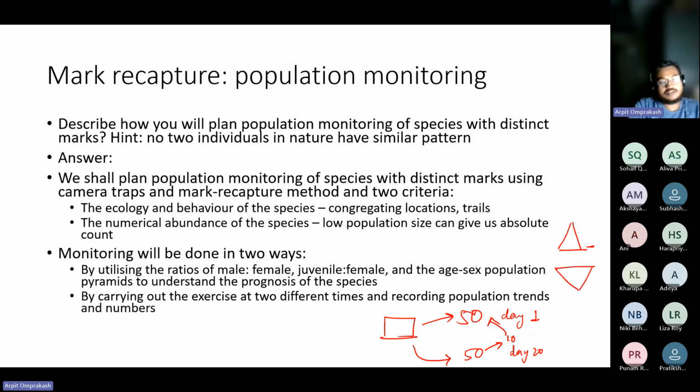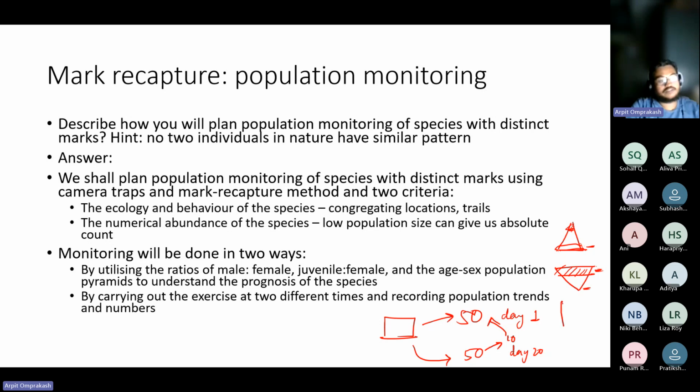But if the age pyramid is something like this, where there are very few individuals in the lower age groups and very many individuals in the higher age groups, that means the population is in decline, because most of these animals can't reproduce and will die off. And these animals are not enough to replace the animals in the other age groups, right? Whereas here, even if these animals die, there's no concern. These young animals will reproduce and lead to a larger number of animals.